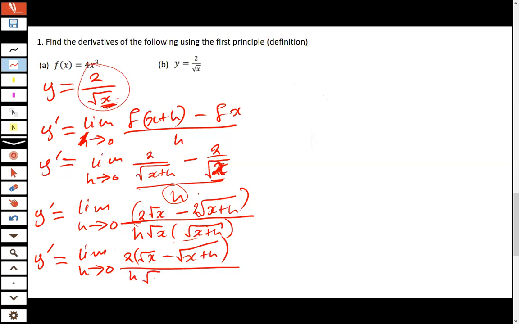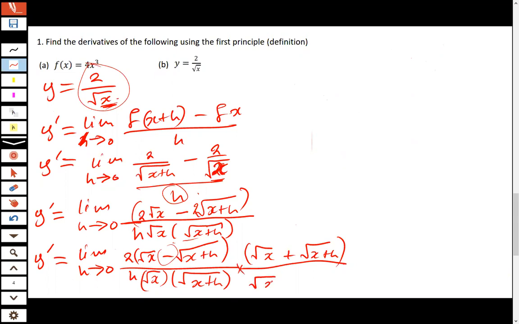Then we have the root of x times the root of x plus h. So the conjugate of the numerator there, since we have a minus in between here, we're going to put a plus in the conjugate. So we have the root of x plus the root of x plus h. So we're multiplying the numerator and the denominator with the same conjugate.